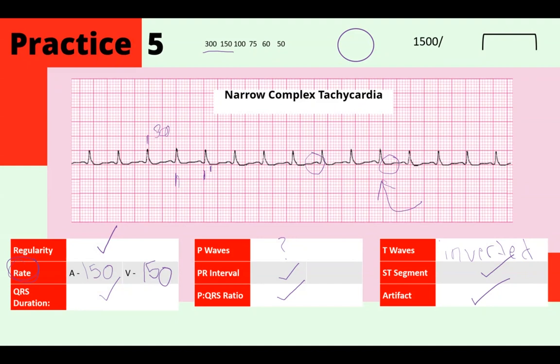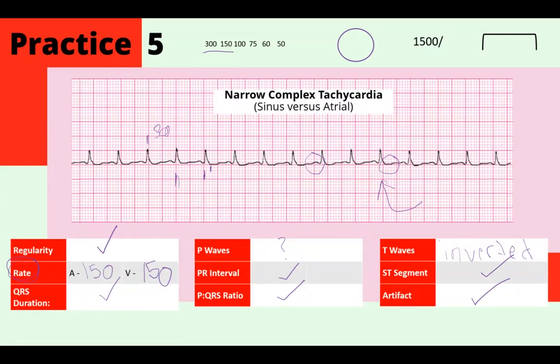If it doesn't look like a perfect, upright, positive, beautiful sinus P wave, you could just call it an atrial tachycardia. If you are definitive that is a sinus P wave, you could call it a sinus tachycardia. So that's really why this term was developed, narrow complex tachycardia or supraventricular tachycardia, for these rhythms that are really hard to pick up on. And you'll get used to figuring out which way it goes.